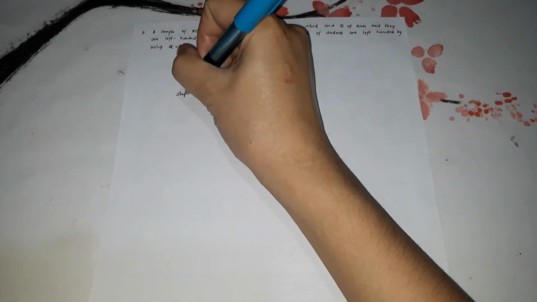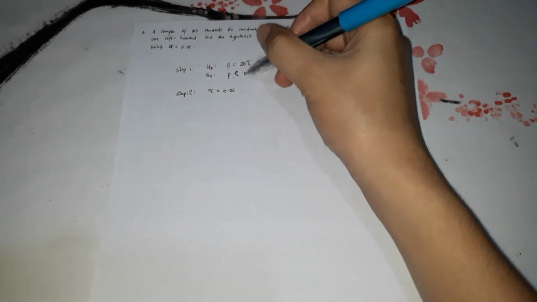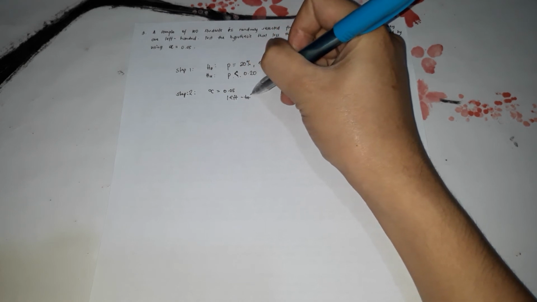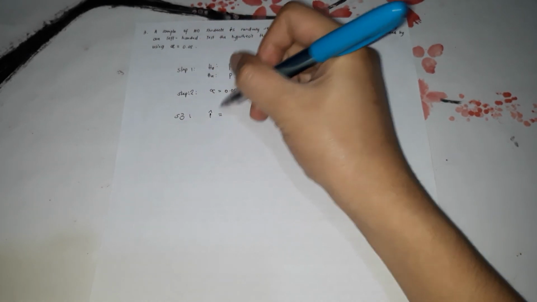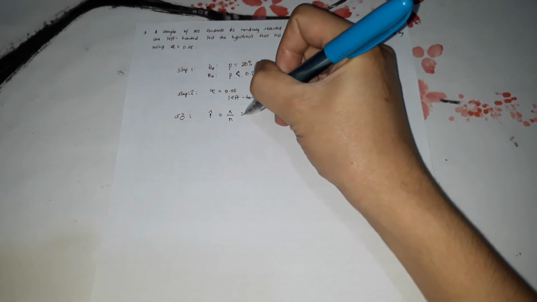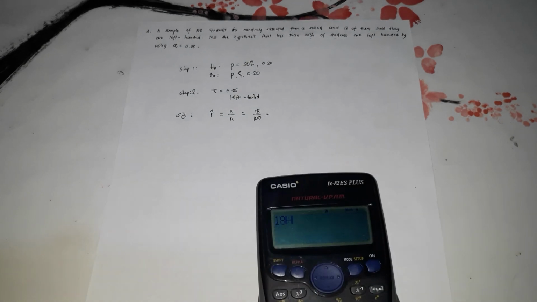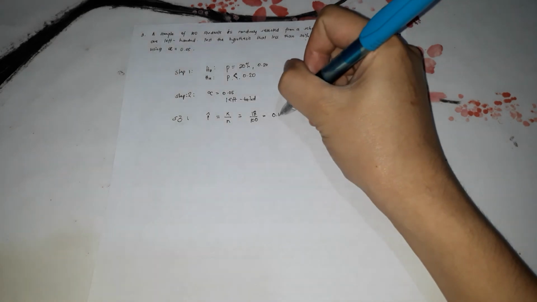Step 2, alpha is 0.05, and because it's less than, so left-tailed. Step 3, so P hat is equal to x over n, and x in the problem is how many of the 100 students are left-handed? 18. So 18 out of 100, 0.18.